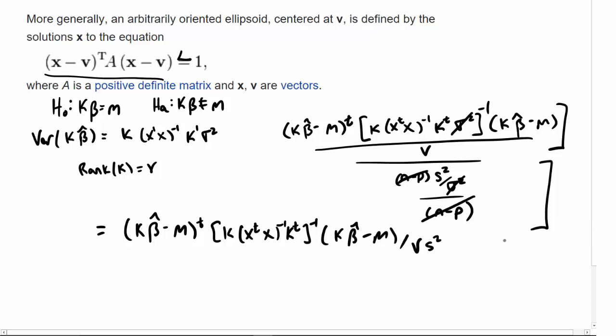It follows an F distribution with v numerator degrees of freedom and n − p denominator degrees of freedom.